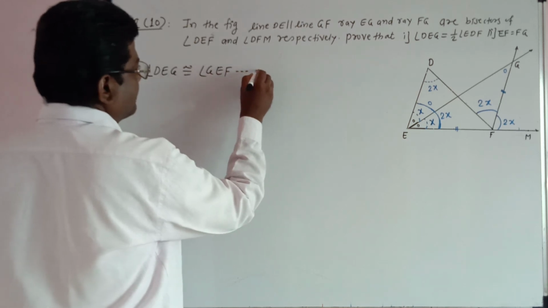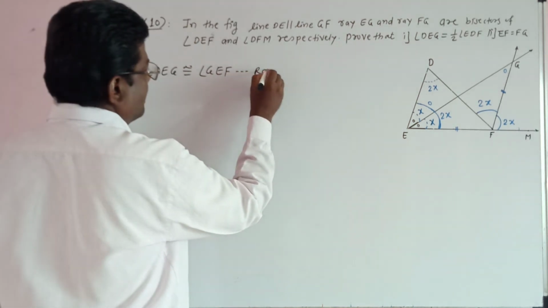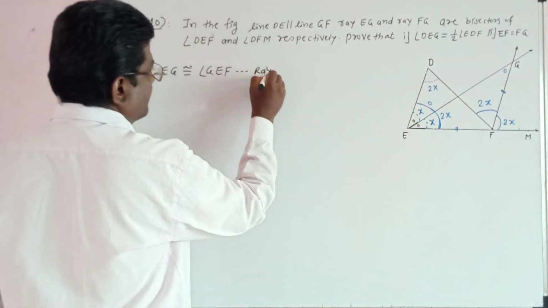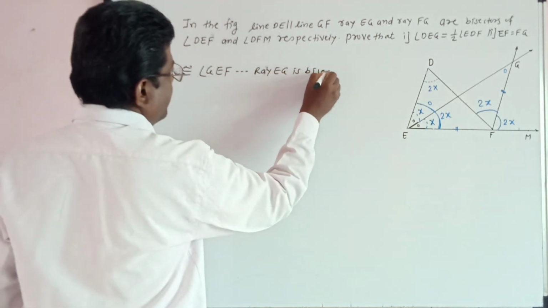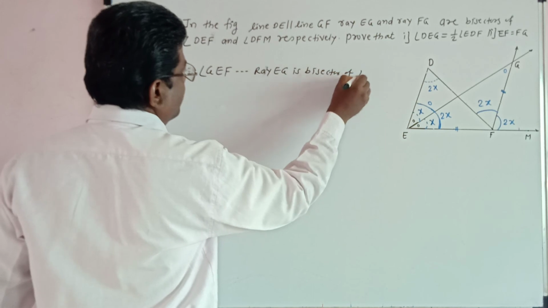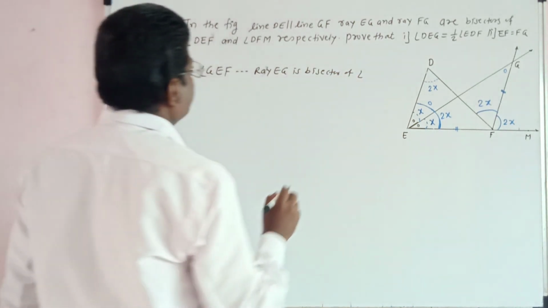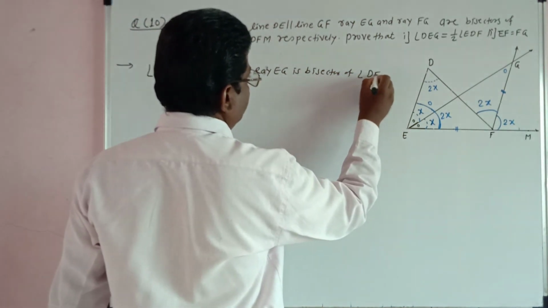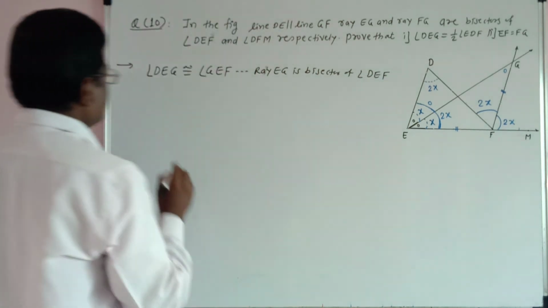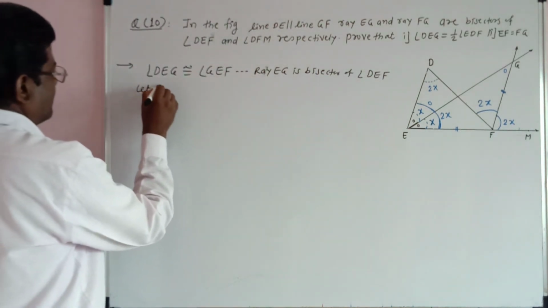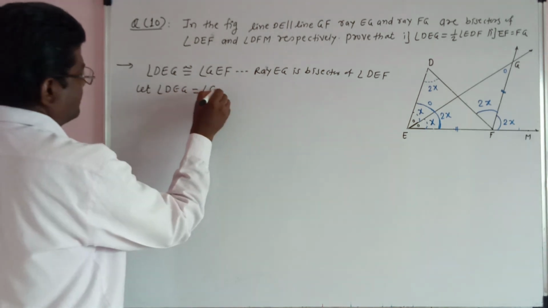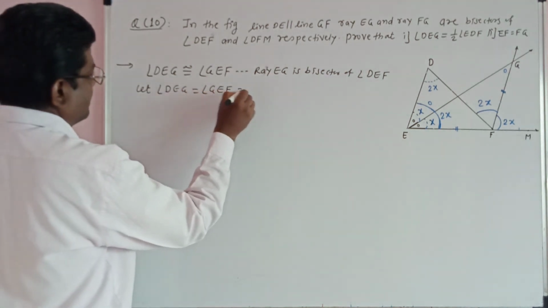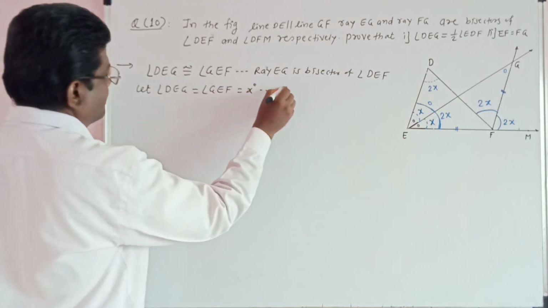The reason is ray EG is bisector of angle DEF. Let angle DEG is equal to angle GEF is equal to x degrees.